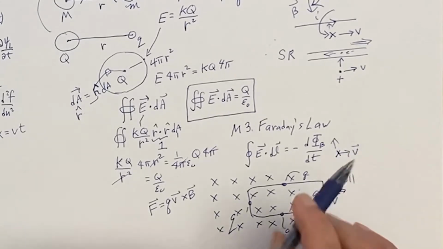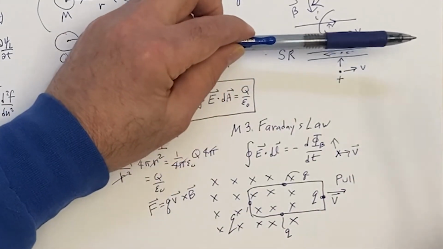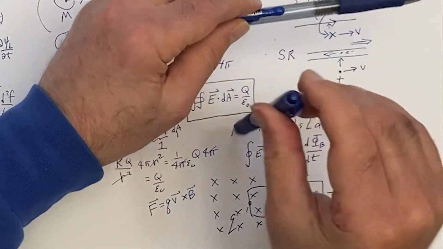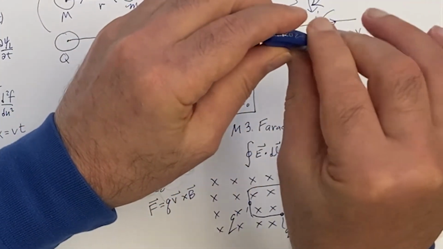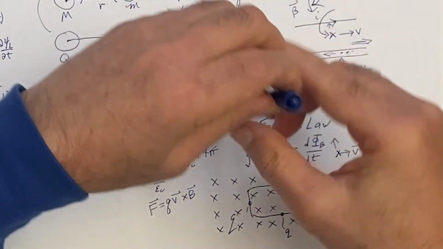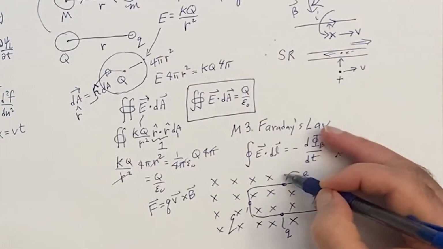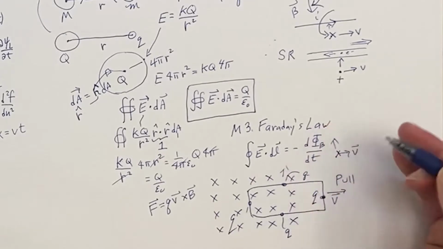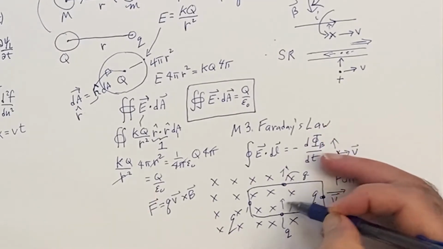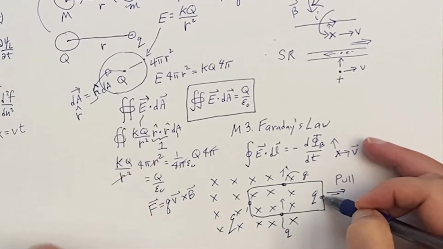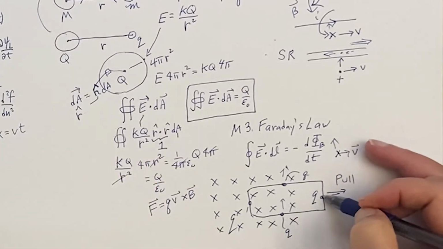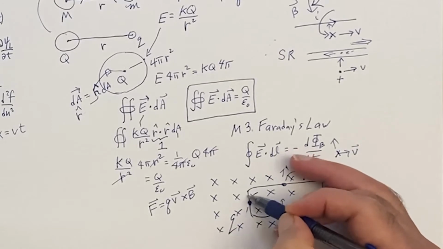The V goes this way, the X goes into the page, and if you take V cross B, you're advancing upward. Now, these charges want to pop off, but they're in the wire, so there's no current there. This one is outside the magnetic field, so nothing here, but this one starts to move up.